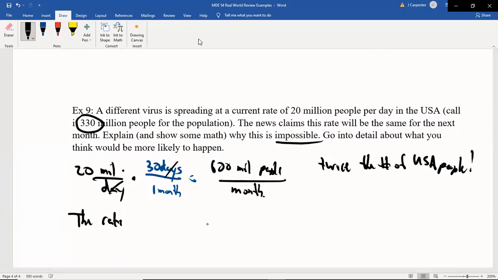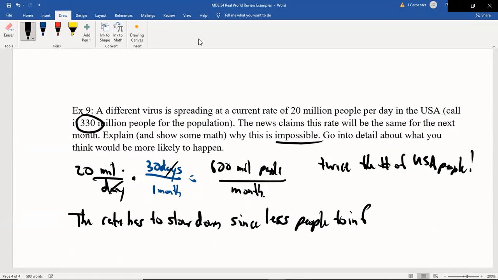The rate has to slow down since there's less people to infect. Now, this is either A, because they've already been infected, B, because they've been vaccinated, C, whatever.